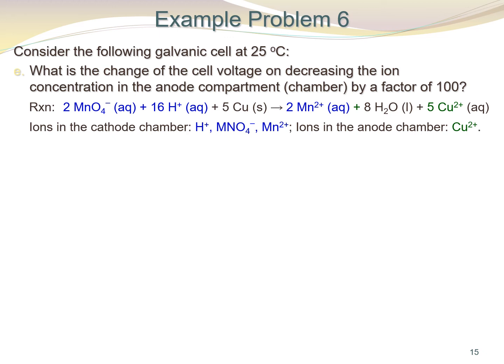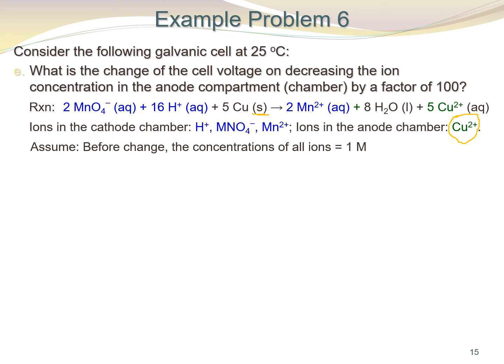We understand the ion in the anode chamber is copper 2+. Why not copper? Because copper is a solid, right? Solid does not get involved in the mathematical expression of Q, the reaction quotient, as we already know. So all we have to do is focus on these ions.